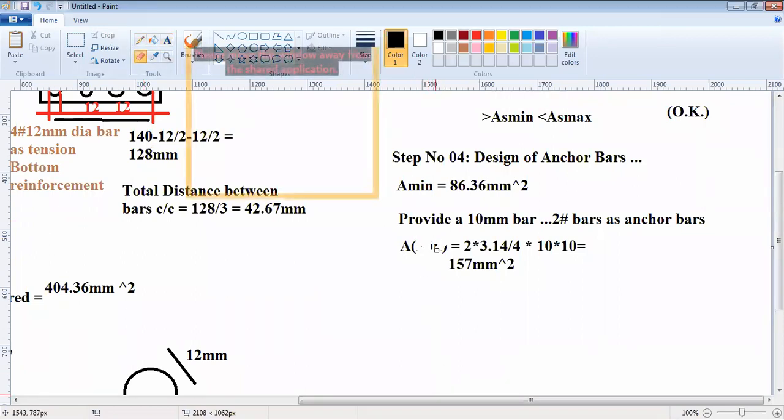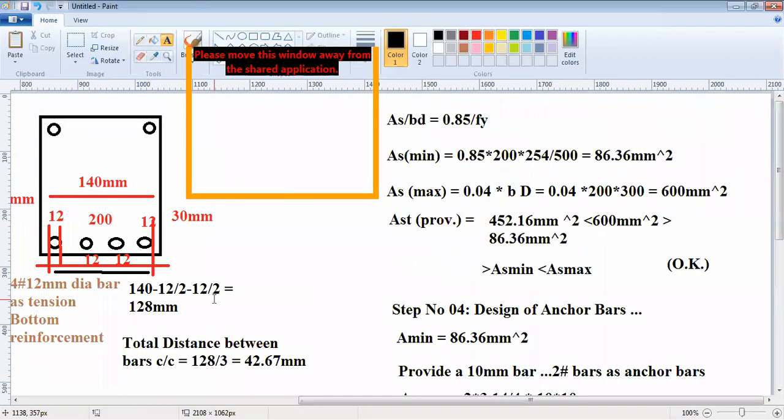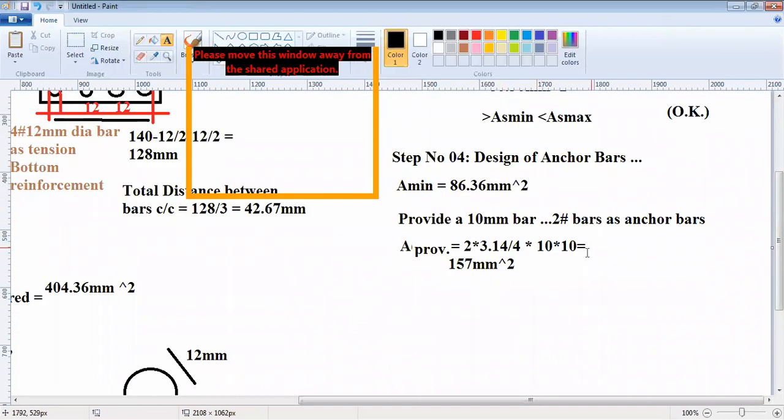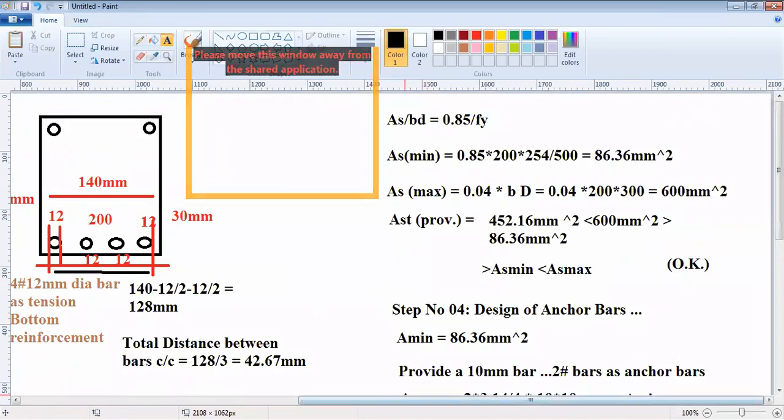This is A what you are providing as anchor bar. So now this is greater than A minimum. So we are okay now here.